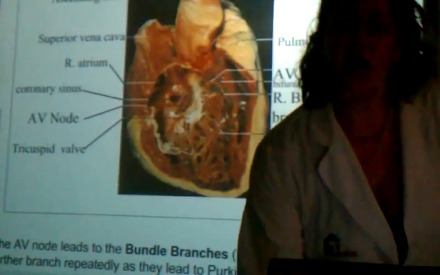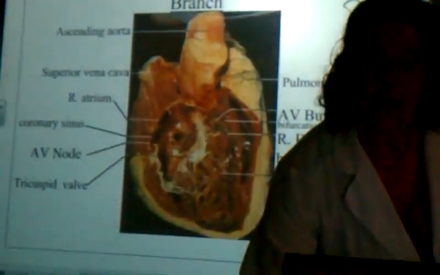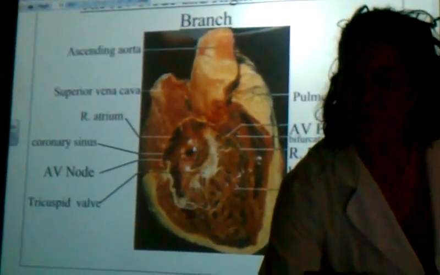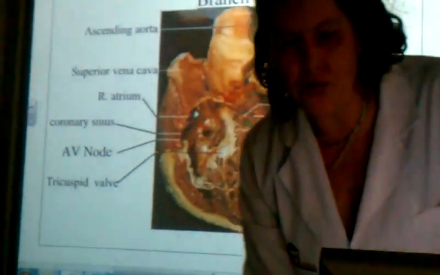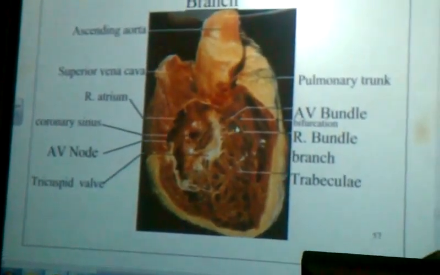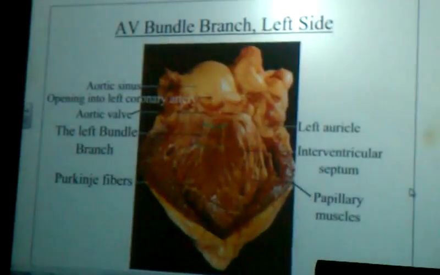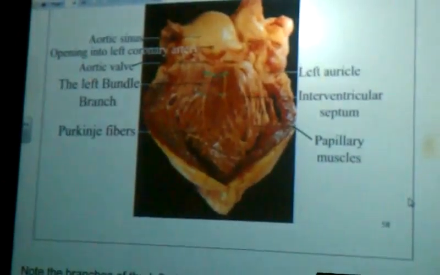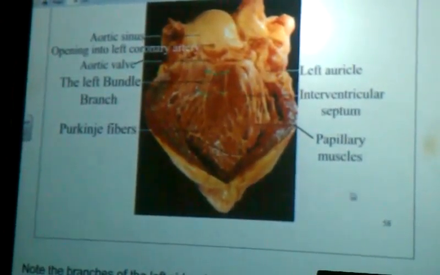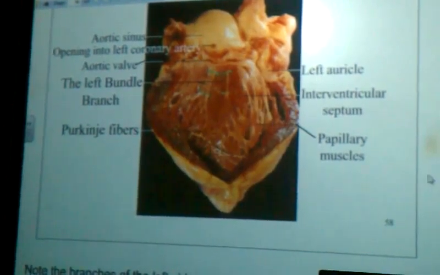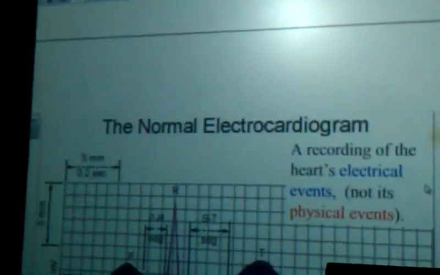Or you could even have a blocked vessel that carries blood to the atria, to the right atrium, and it can cause damage to the AV or even the SA node, and that can disrupt the heart rate. So with myocardial infarctions, depending upon what vessel is blocked and what tissue of the heart has died, different structures can be affected. Okay. All right.